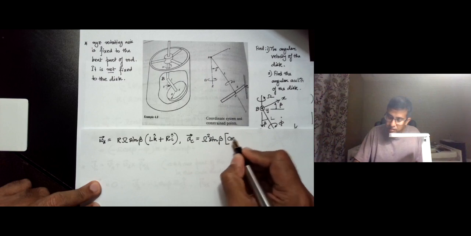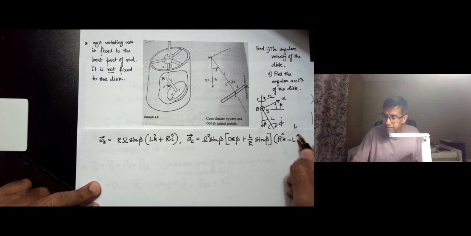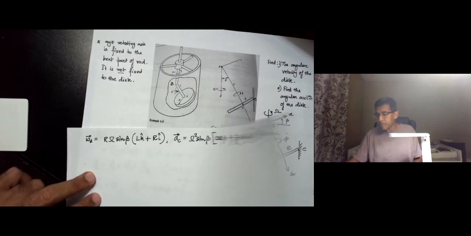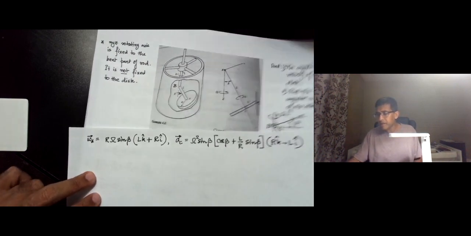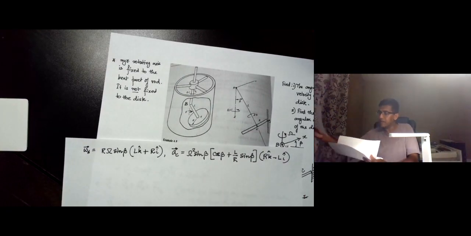It is given by capital Omega squared sine beta times cosine beta plus L over R sine beta, and beta is of course an acute angle, RK minus LI. Okay, so with that we do have the two vectors that are of interest in the observations that we are going to make about this problem.